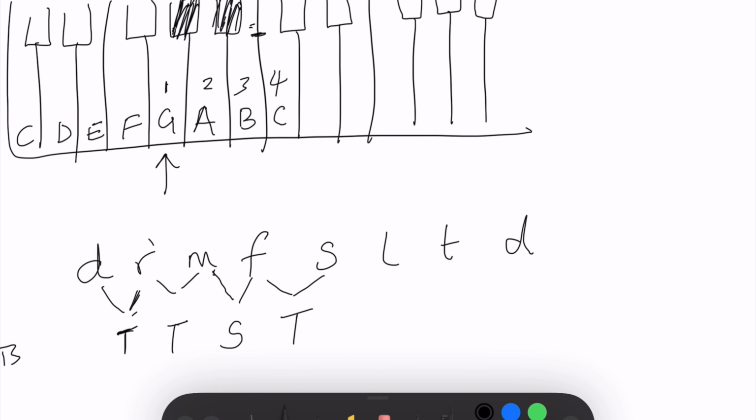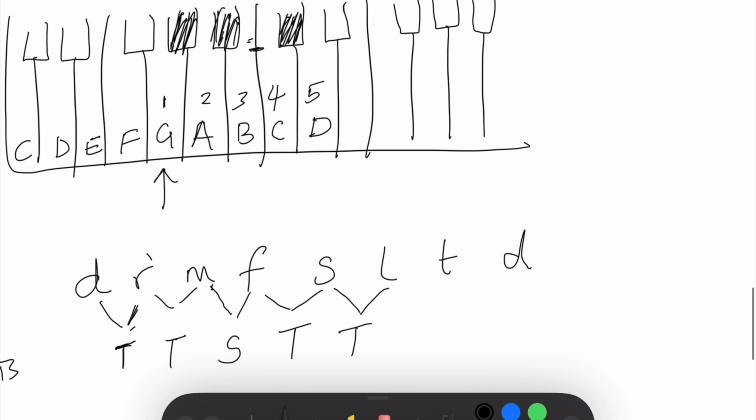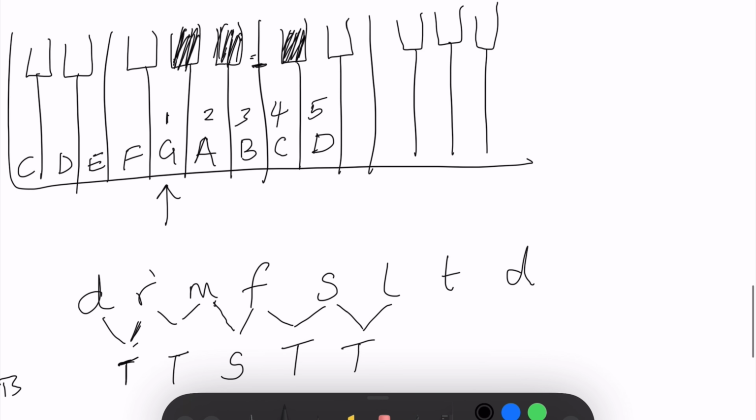So we move a tone, D, because there is a black key. That's the fifth note. To get the sixth note, we are asked to move another tone, which is E.